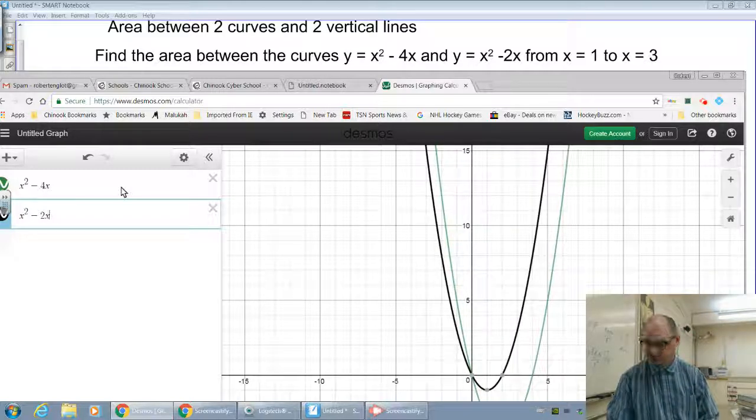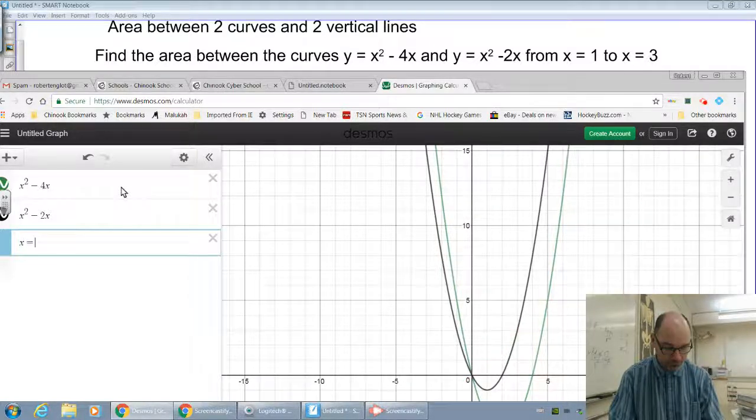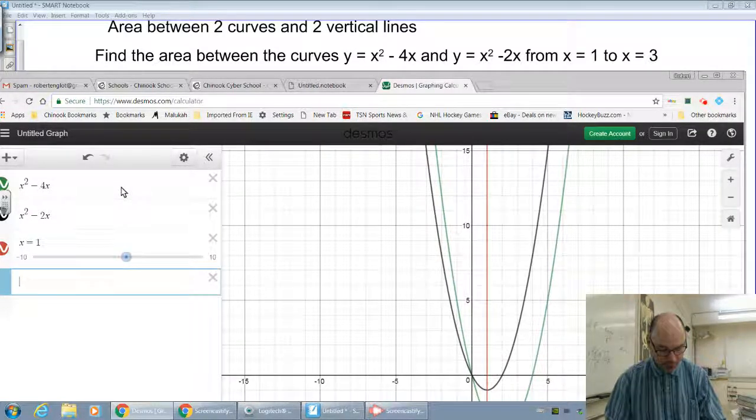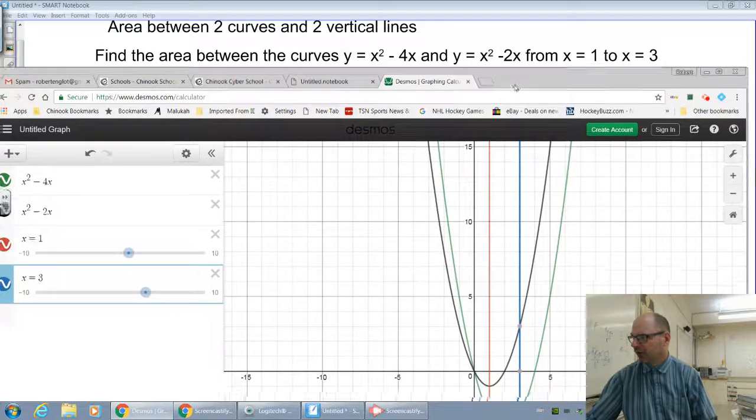Okay, and x equal 1. It's getting pretty conglomerated there. x equal 3. So let's bring this up so we can see it a little better.